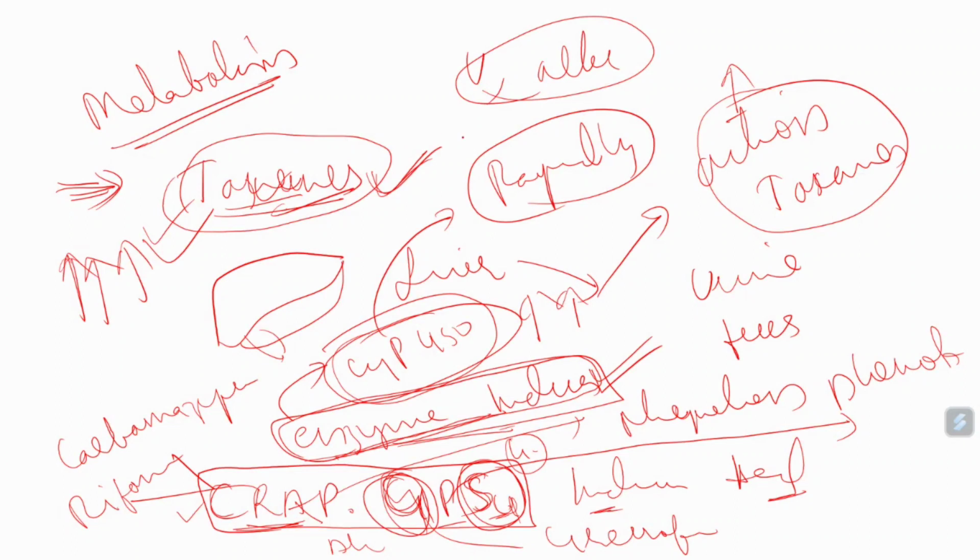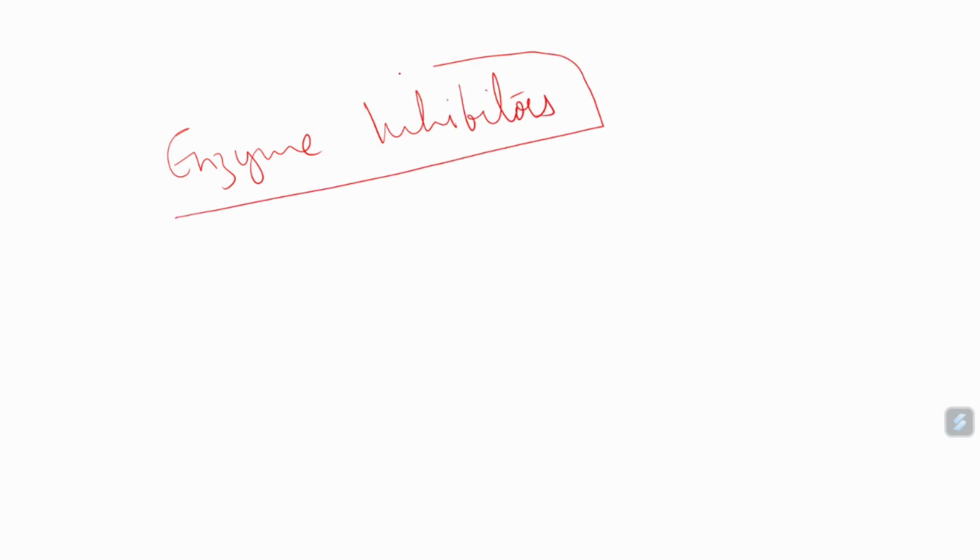Till now, most of the anti-cancer drugs are always keenly monitored with enzyme inducers and enzyme inhibitors. It is not for Vinca alkaloids and not for alkylating agents. Particularly for taxanes, we have to remember this point. And in the same way, like enzyme inducers, we have enzyme inhibitors.